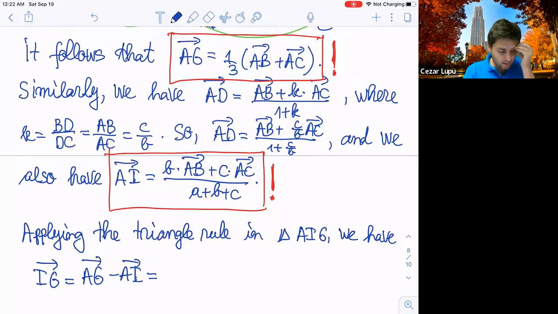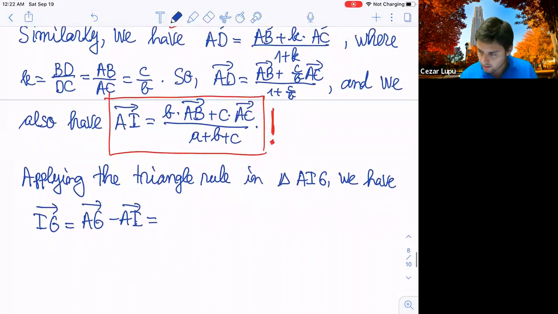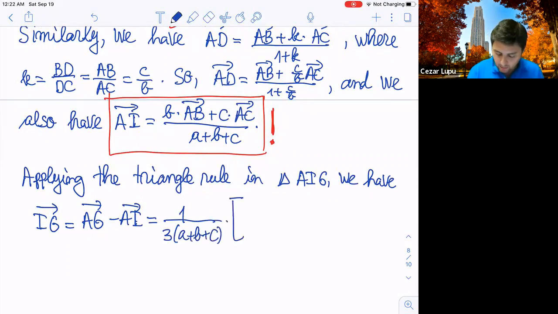And after we do all this, you know what, I'm not going to do the computations. I have them somewhere here. I've done them already. So this will give us the following, okay? So we'll have a common factor, 1/3 times (A plus B plus C) times, and we have the following.